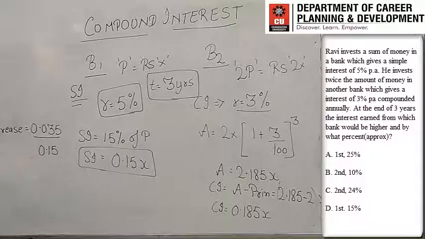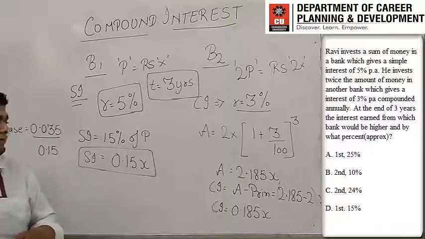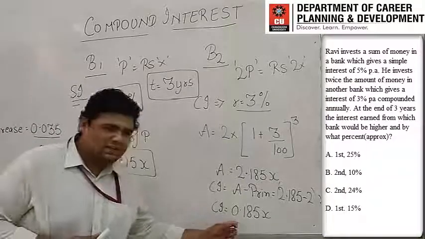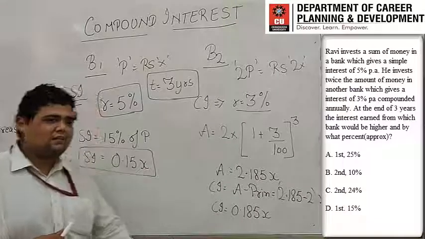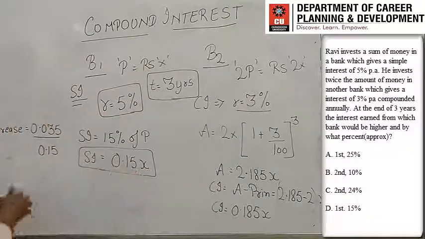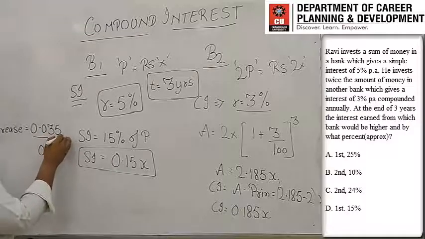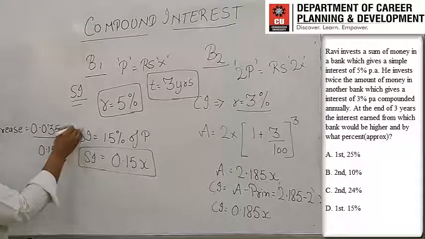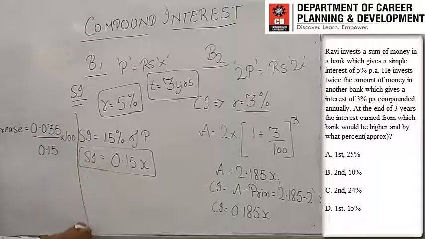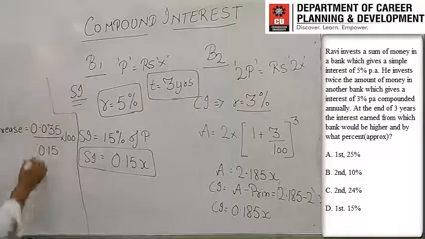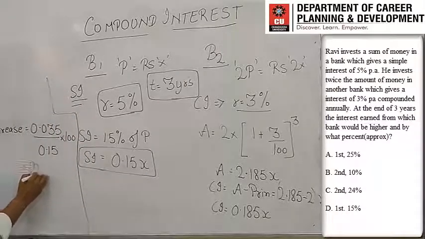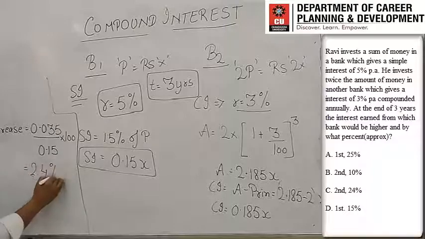Why divided by 0.15? Because we have to find how much percent this interest is higher than the interest from the first one. So 0.035 divided by 0.15 multiplied by 100. If you solve this, the change comes out to be 24%.